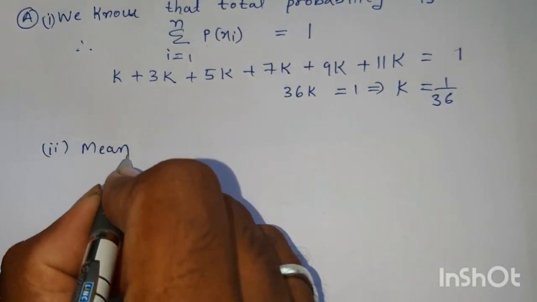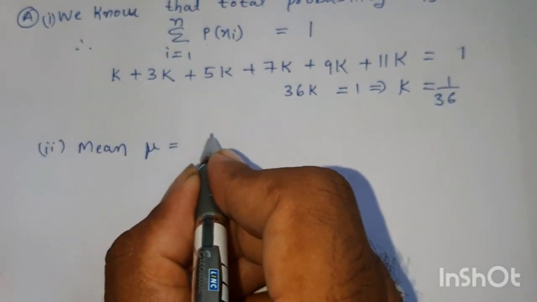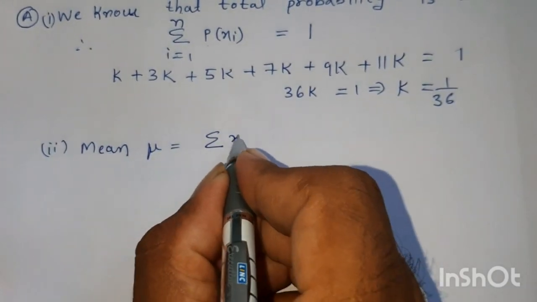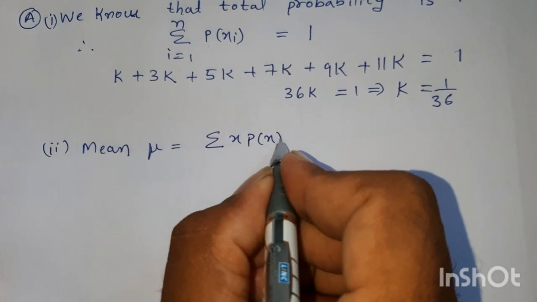What is the formula for mu? Mean is sigma x into P of x.